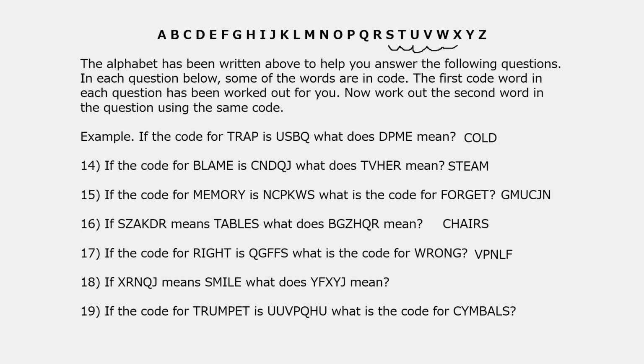R and M. 1, 2, 3, 4, 5. I and N. Oh, it's not backwards this time, we've just realized. Oh yes, it is backwards. See, even I've got mixed up. 1, 2, 3, 4, 5. 5 backwards again. L to Q.